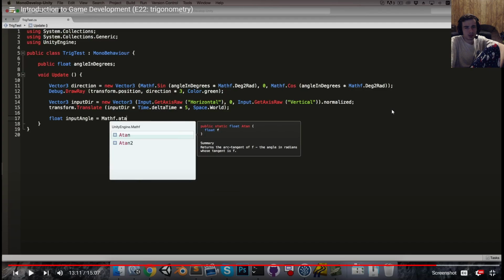Returns the arctangent of f, the angle in radians whose tangent is f. Okay. Oh, okay, Atan equals, to get the angle.